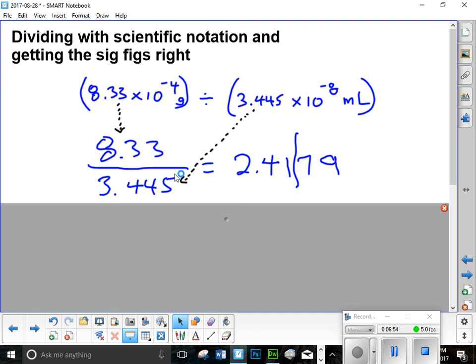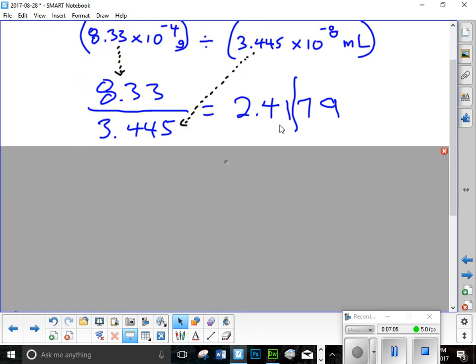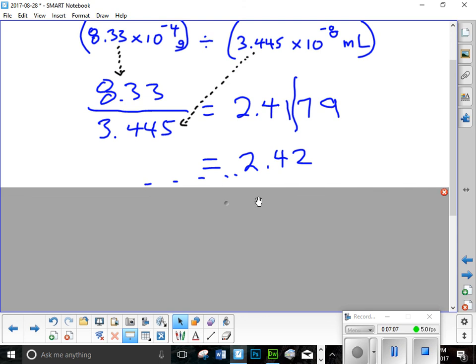But this says you can only have 3 sig figs, which is why this line right here has to be between the 1 and the 7. And 7 is bigger than 5, so the 2.41 becomes 2.42. That bumps it up 1.